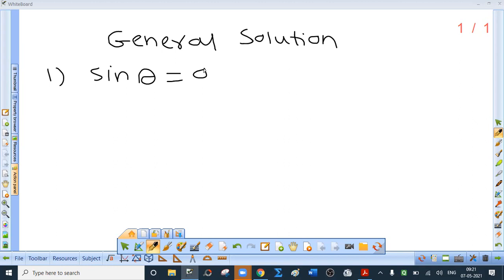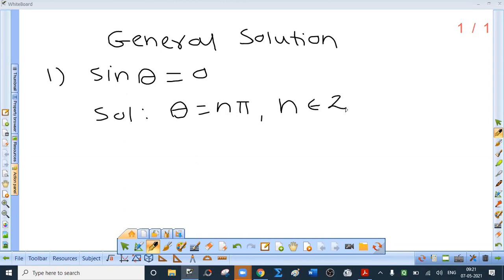So in general, sine of 2n pi plus pi is nothing but sine pi, right? So can I say that sine theta equal to 0 has general solution theta equal to n pi? And what is n?